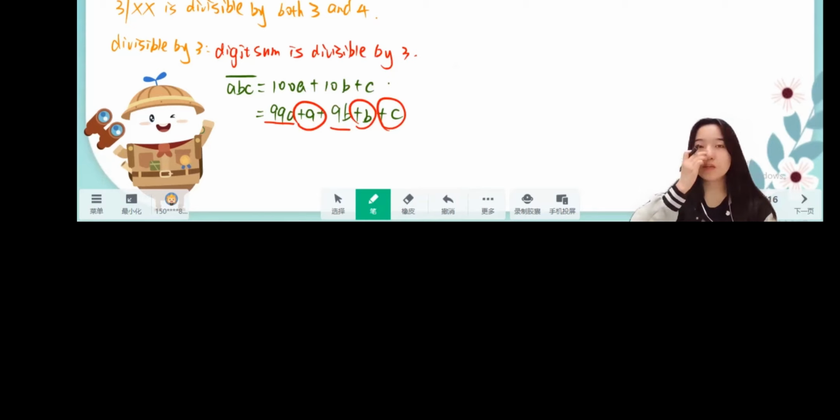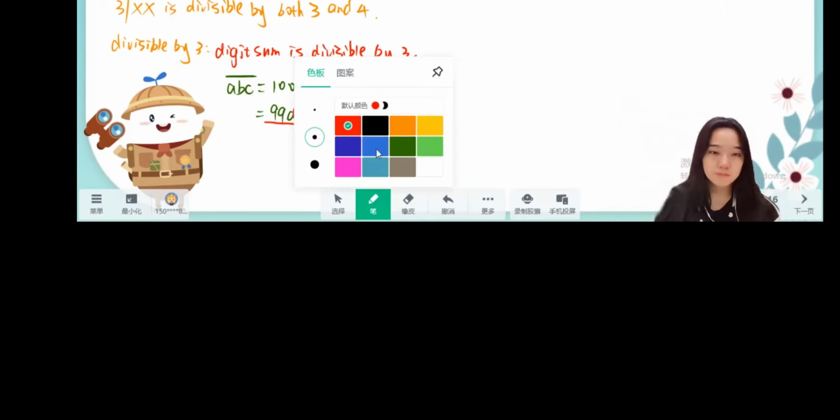We can ensure if ABC, the three-digit number, is divisible by 3. So that's how we get it: to decide if a number is divisible by 3, we need to check if the digit sum is divisible.